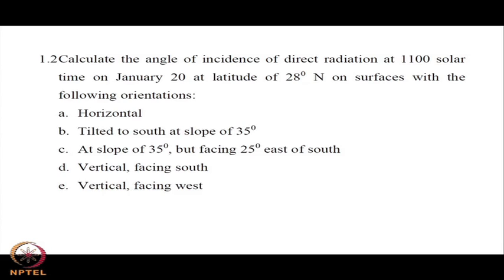So, theta will be more than 90 degrees. In this case, it turned out to be 104.04 degrees. It does not matter. The fact is, it is more than 90, and also physically you can realize that the surface oriented towards west shall not receive any radiation at a time before solar noon.